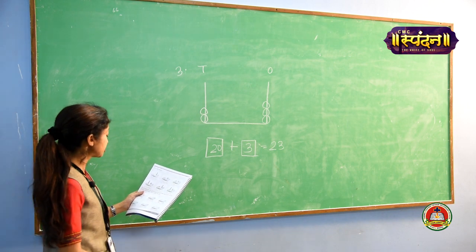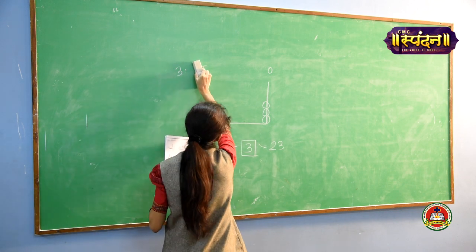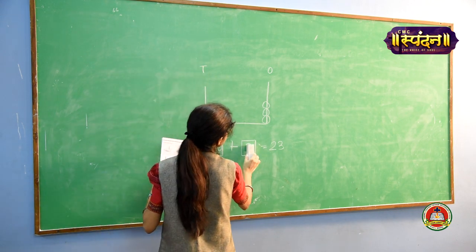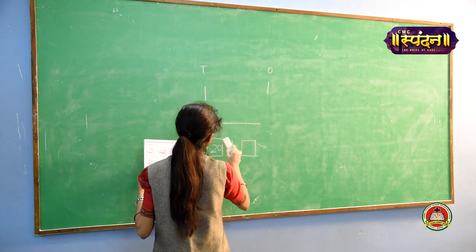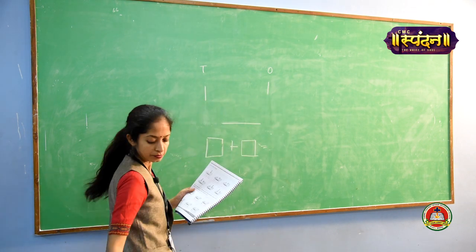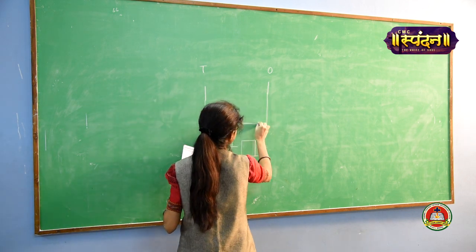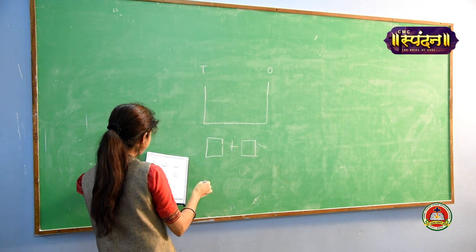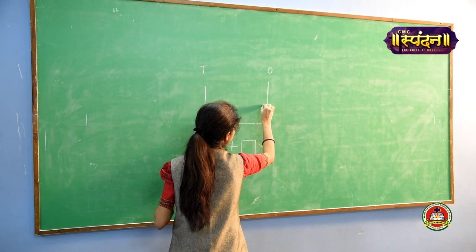Now coming to the next, number 4. They are given on ones, there are 3 beads: 1, 2 and 3.